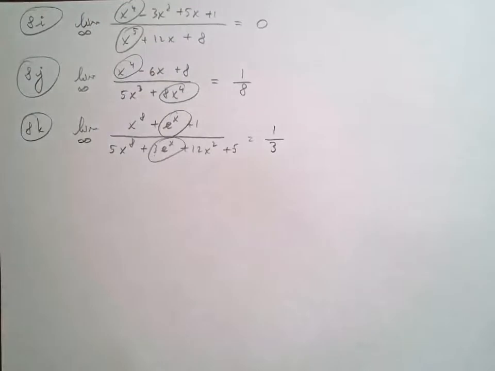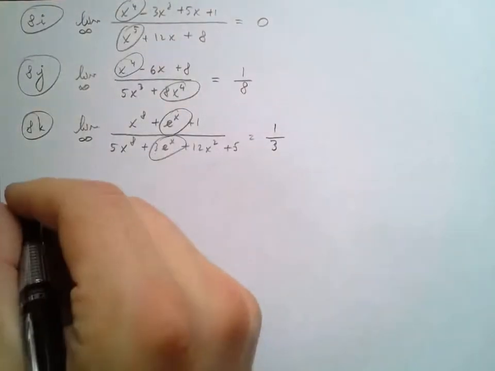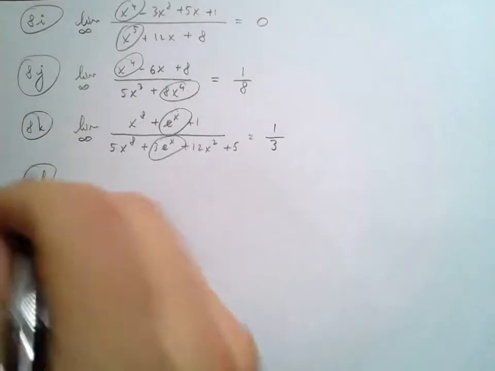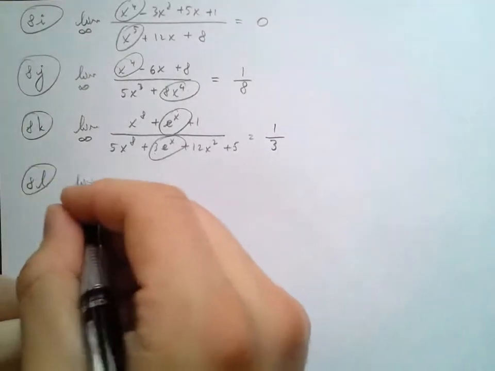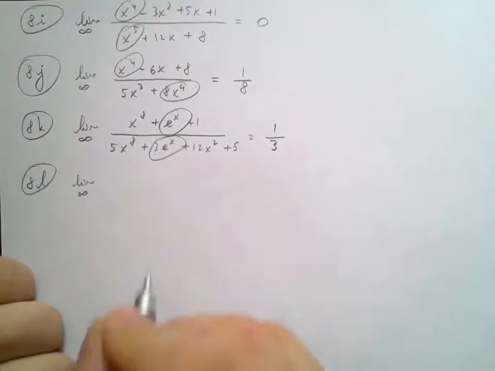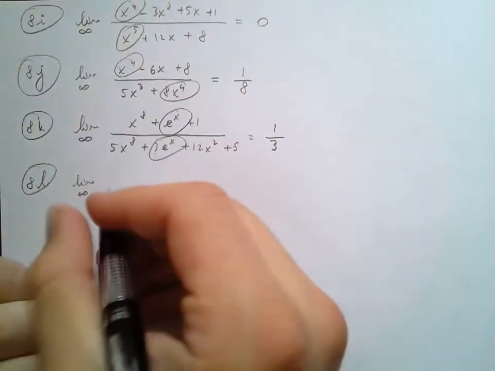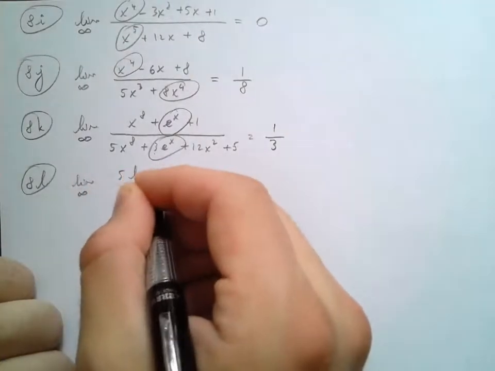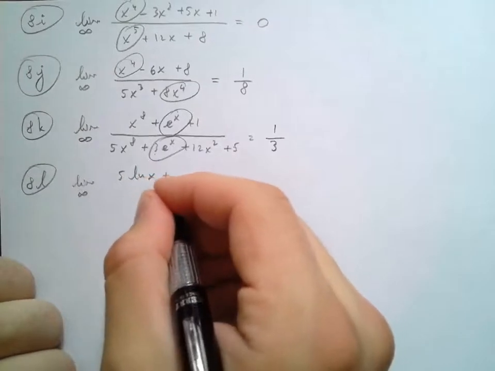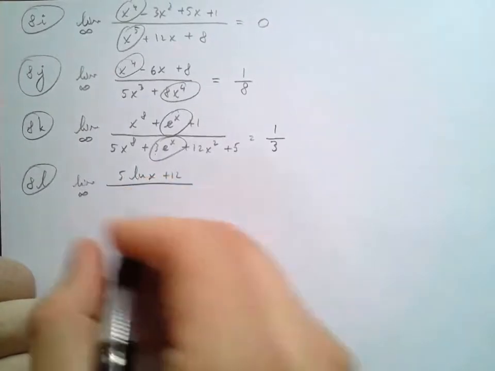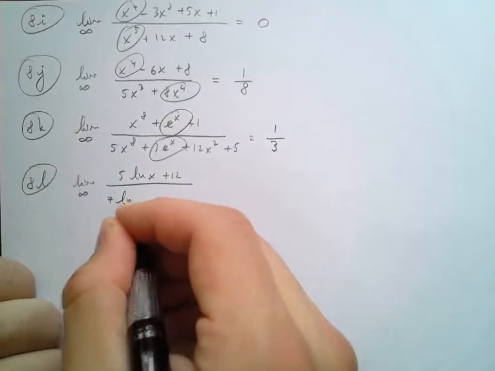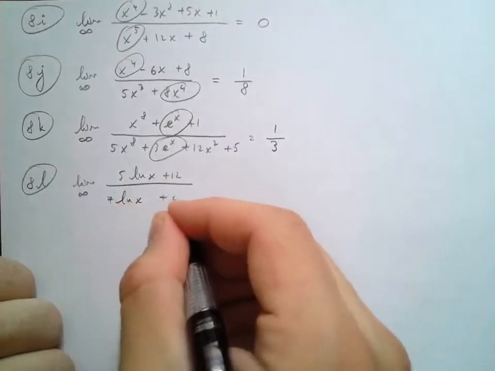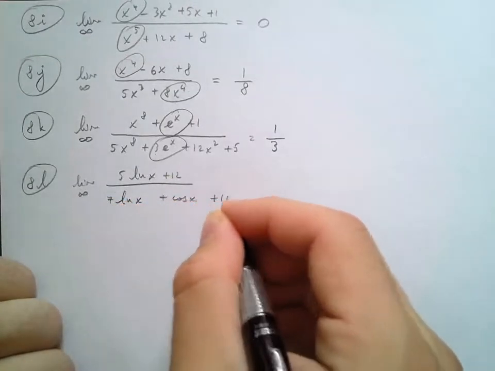Let's go on to the next one, 8l, another limit at infinity of (5 natural log x plus 12) over (7 natural log x plus cosine of x plus 16).